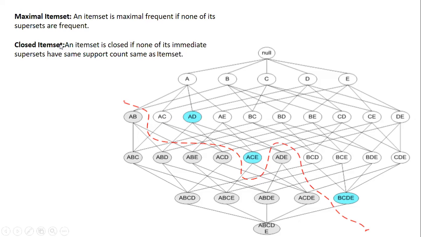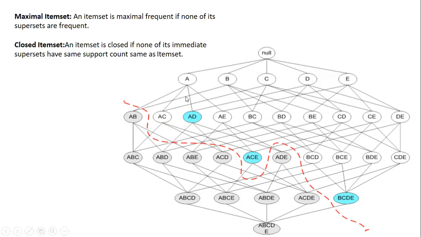To get the closed item set, what is the definition? What we discussed in the last class is that an item set is closed when its immediate supersets do not have the same support count as that item set. Suppose I take A. What are the supersets of A?